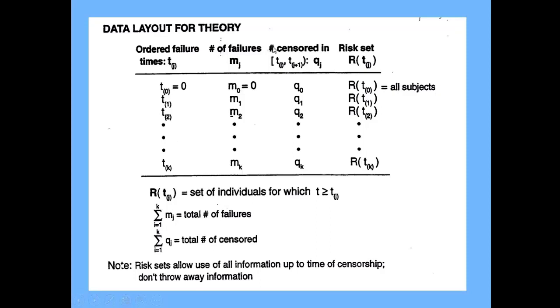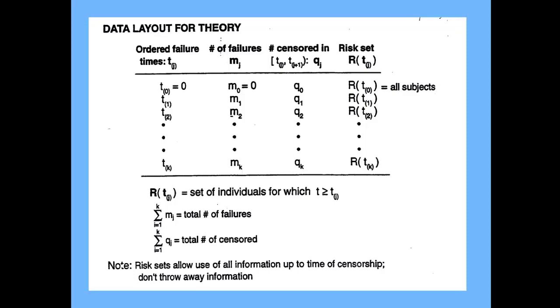And then the last column describes the risk set, and the risk set describes the subjects that are at risk in any particular time where somebody failed, or even any particular time at the start of the study. At the start of the study, everybody's in the risk set. At the time of the first failure, also everybody is in the risk set just prior, like 1 microsecond before somebody failed. So everybody's in the risk set just prior to the first time at which somebody failed.